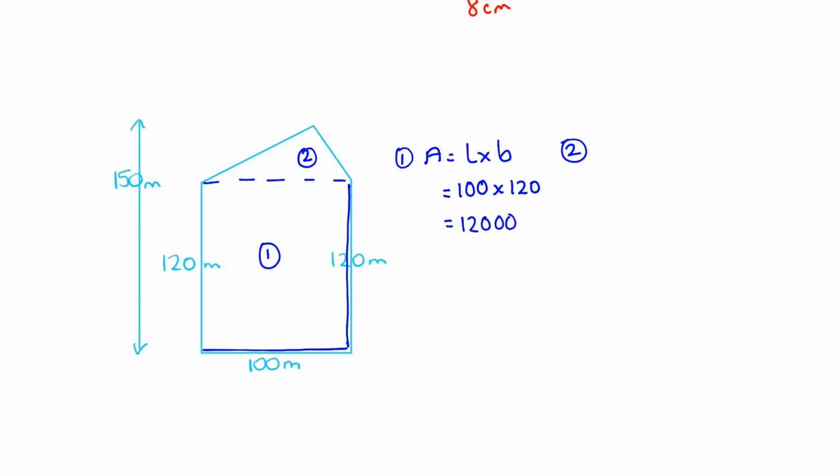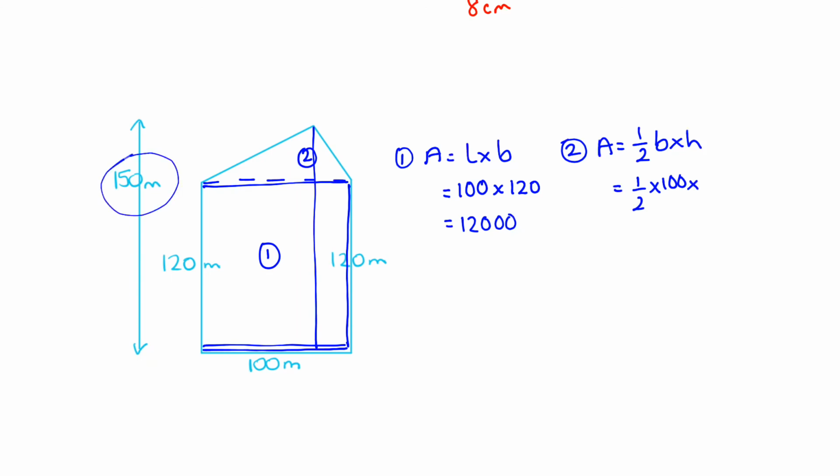And then shape 2 is a triangle, so we know we need a half base times height. So the base of our triangle is 100, it's the same as that. And the height of our triangle, well, we can see that all the way down there is 150. That bit of it is 120, so this bit of it must be 30.